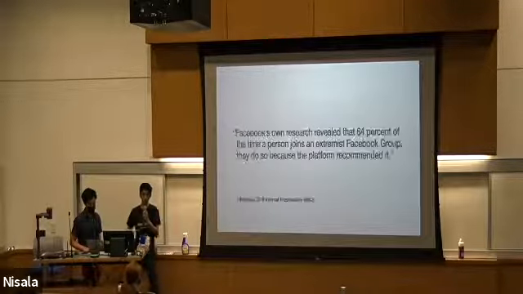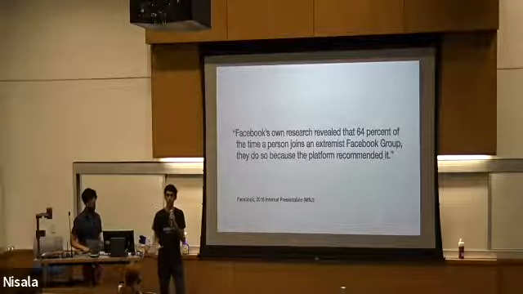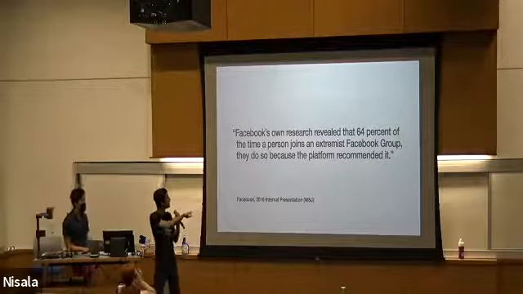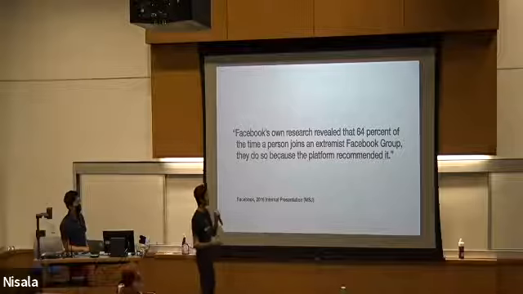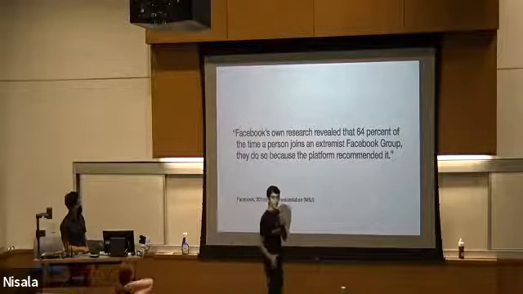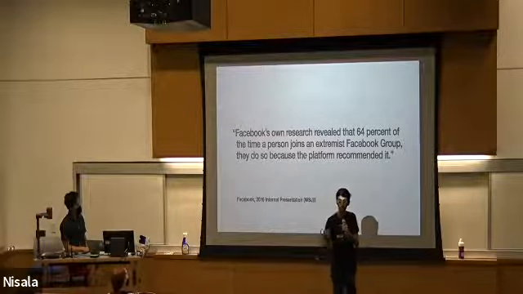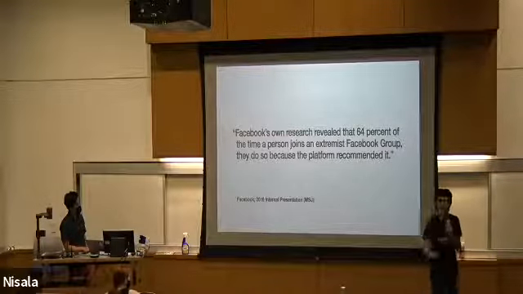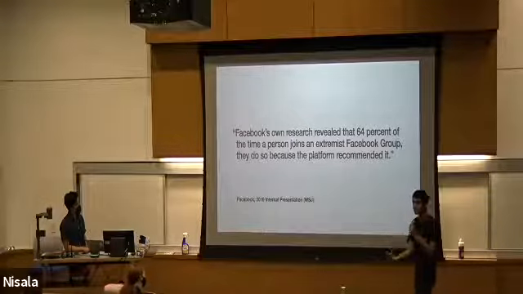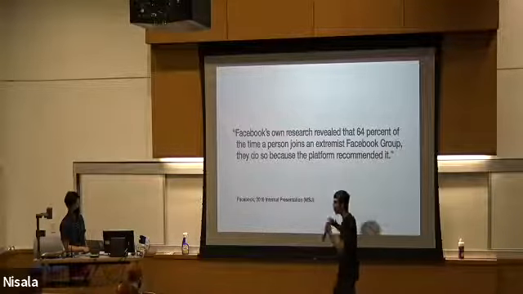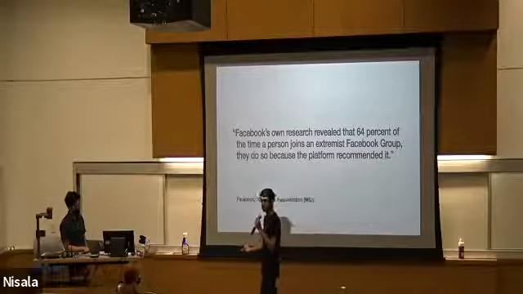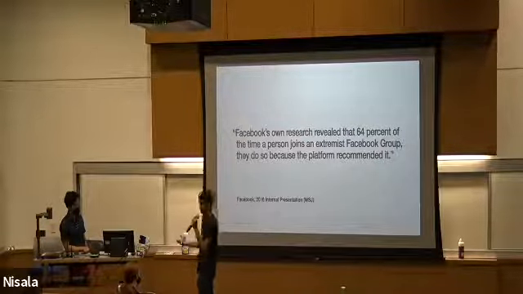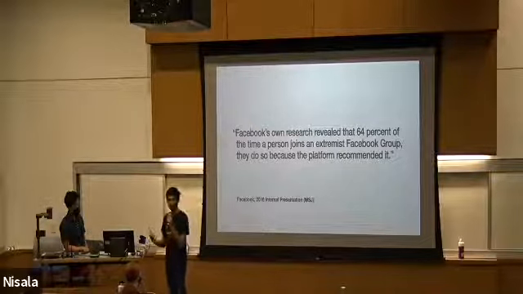So a lot of people discovered QAnon through Facebook groups. And this is particularly important to know. This comes from an internal presentation. Facebook's own research determined that 64% of the time that someone joins an extremist Facebook group, they don't do it because they know about the extremist theory. They don't do it because they're already into QAnon, or already into this type of stuff. They do it because the Facebook recommendation algorithm told them to, because it suggested it to them, because it made them angry.